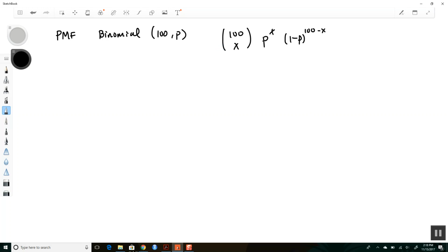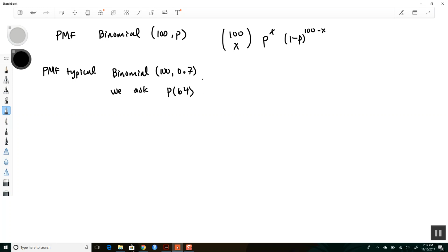Okay, and so in our case, the difference here is that we could say, what's the probability? So a typical PMF use would be something like this: binomial 100, 0.7, and we ask, what is the probability of 64?